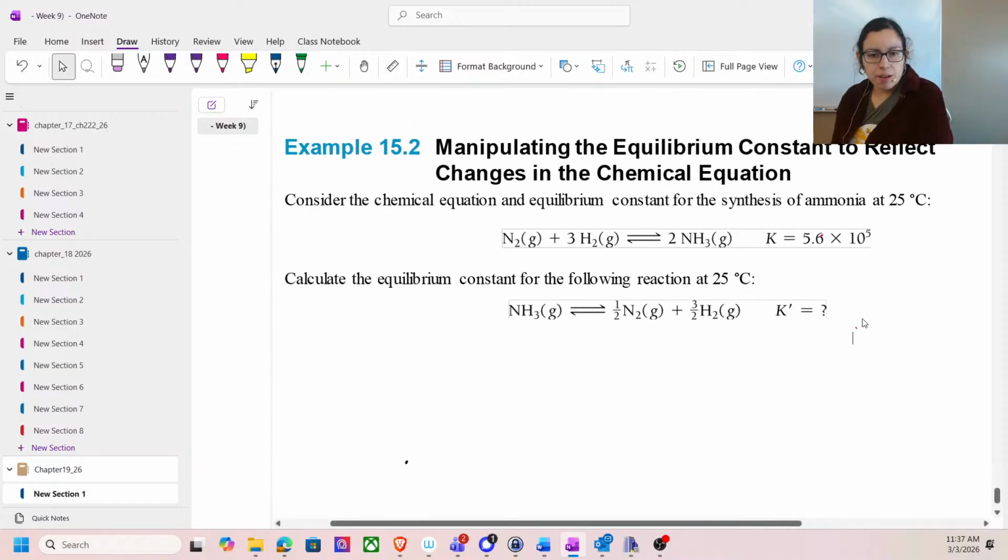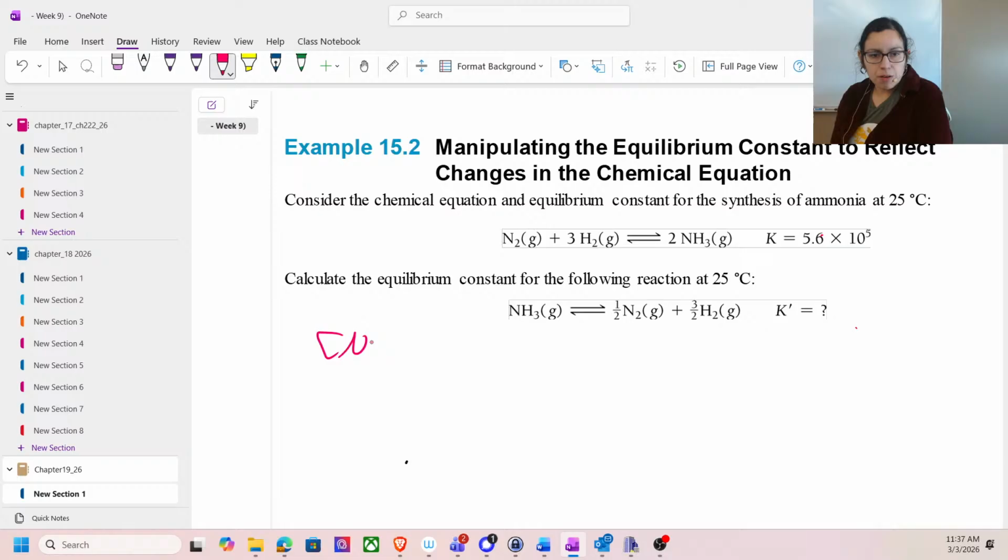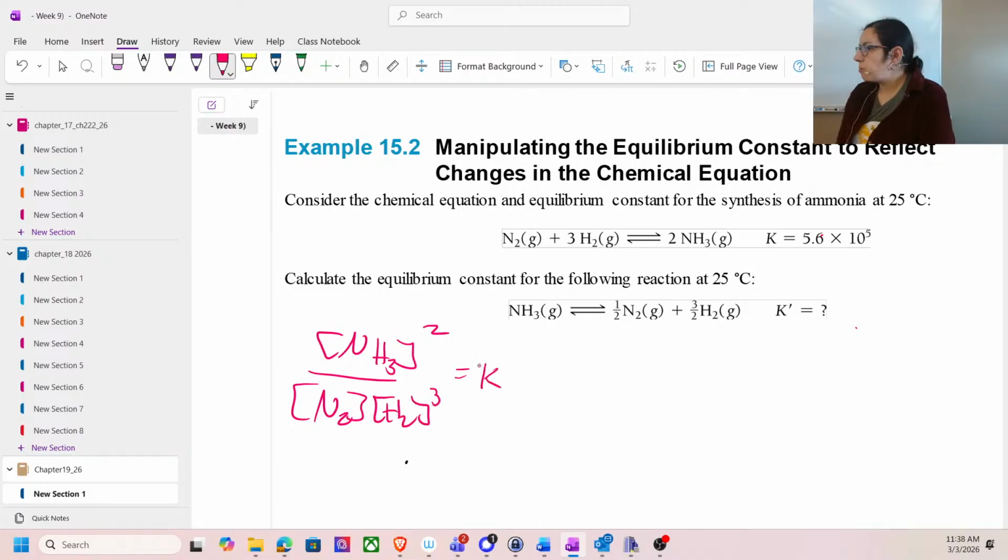Like just writing out the ammonia to the second? Is that what you mean? I mean, it's not wrong, right? I'm not sure that it necessarily helps us, but we could still just put what that is. But then what we're looking at is, what did they do to the reaction?